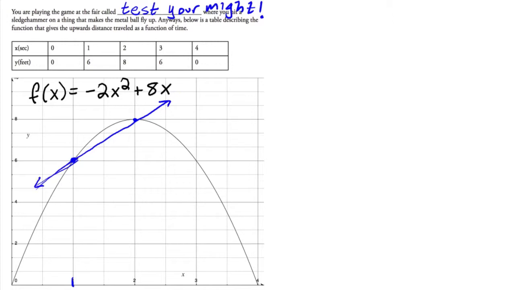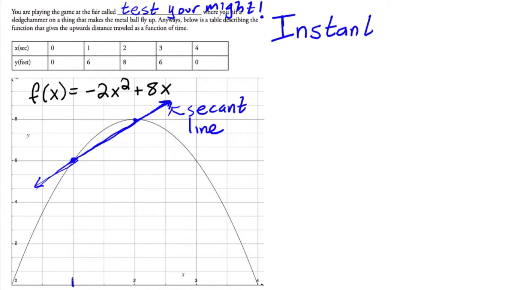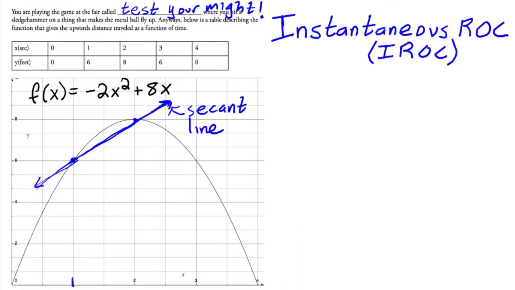But our goal is we want to find the instantaneous rate of change, at that instant, because that's the most useful one. For short, we're going to call it IROC.